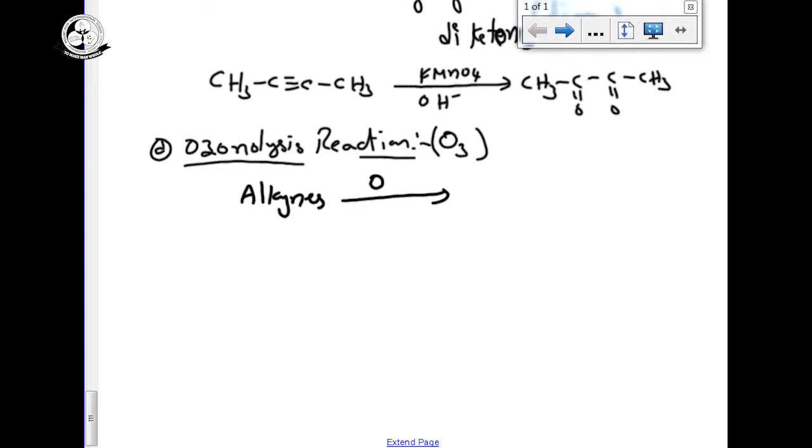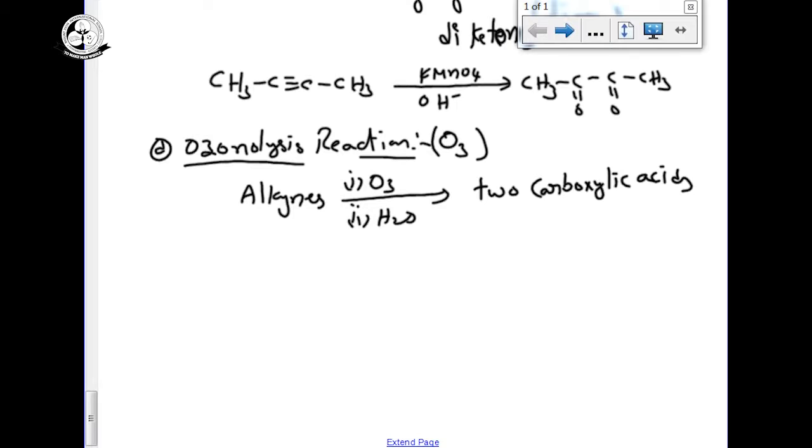First step is ozonolysis, followed by hydrolysis. The triple bond is broken and it can form 2 carboxylic acids.